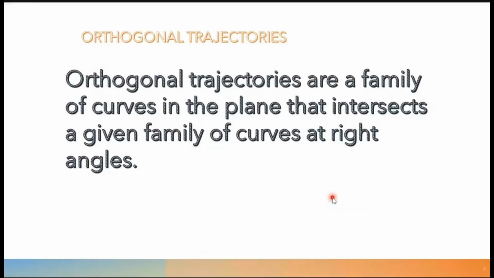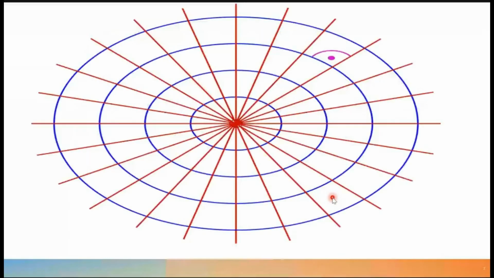The definition is: orthogonal trajectories are a family of curves in the plane that intersect a given family of curves at right angles. So you have two types of curves and the point of intersection will be at 90 degrees. For example, suppose you have a family of circles with center at the origin and different radii, and then you have straight lines passing through the origin, of the form y equal to mx.